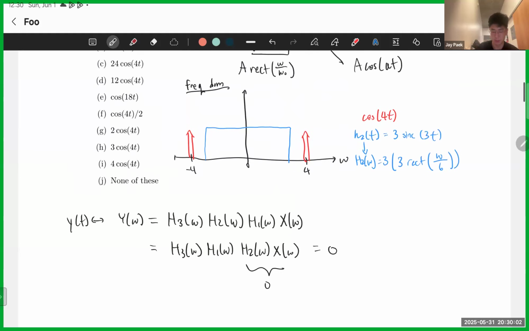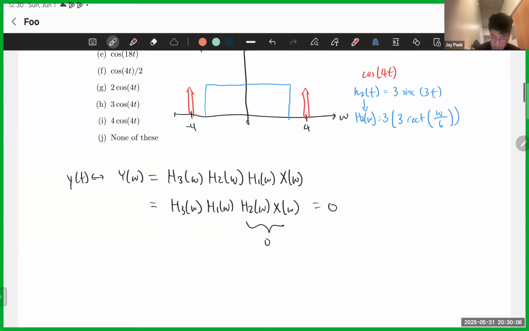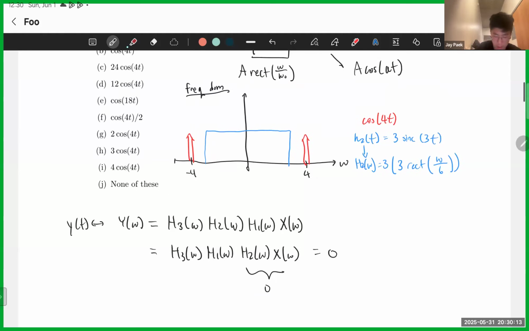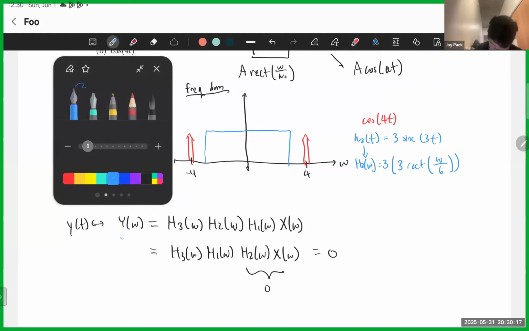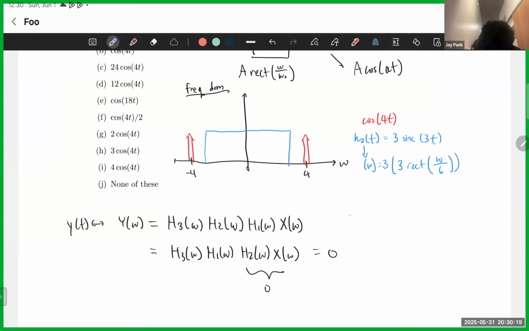Because our delta functions do not line up with h2 of omega, this product right here equals 0. And so what we obtain is that the output signal is just 0. Let me fix my writing here.